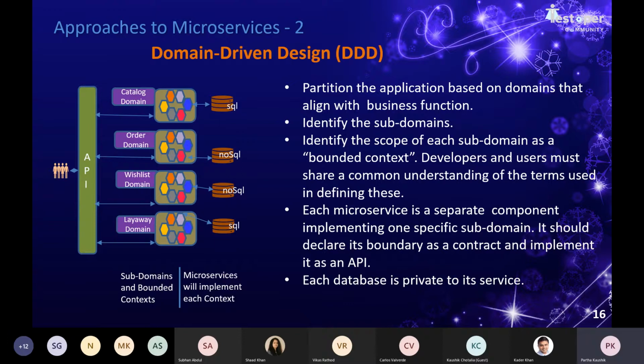And each database is private to a service, so there is no shared data between different domains. At the end of the day, if a service in one domain requires data from another domain, it will request the data from the microservice that can fetch the data or write the data to that particular database.